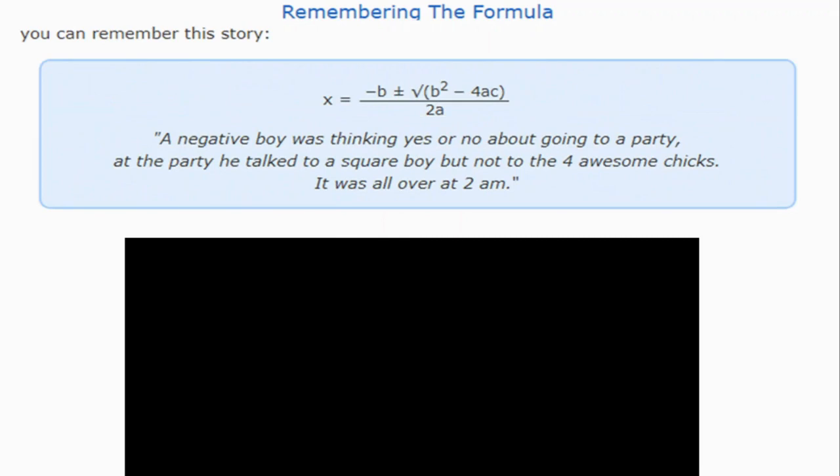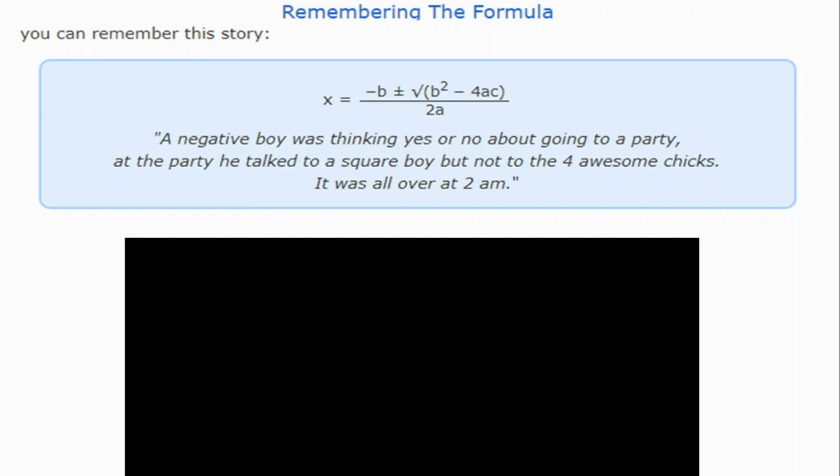We can remember this formula by one story also. I am using the words negative boy. Boy means b, and yes or no for positive or negative sign. Yes means positive and no means negative. So a negative boy was thinking yes or no about going to a party.